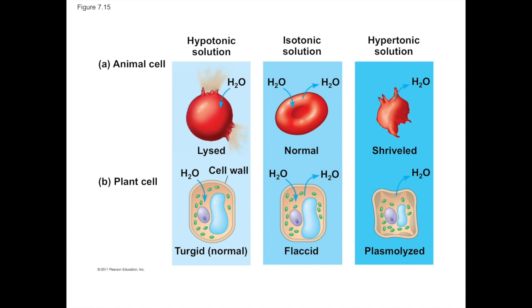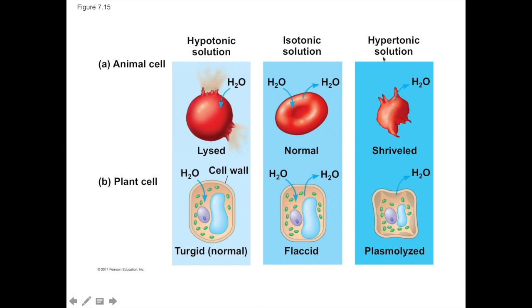So I often wondered, why do they give you a saline solution or a saltwater solution if you're dehydrated? And the answer is because they don't want your cells to burst. The saline solution that they give you is isotonic to your red blood cells. So water is not going to net shrivel up your cells or burst them.